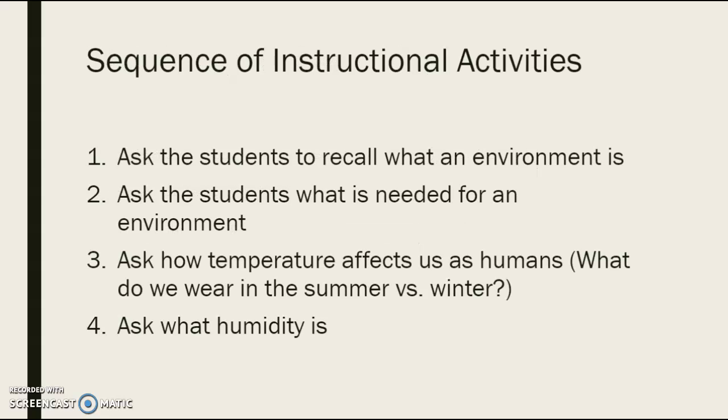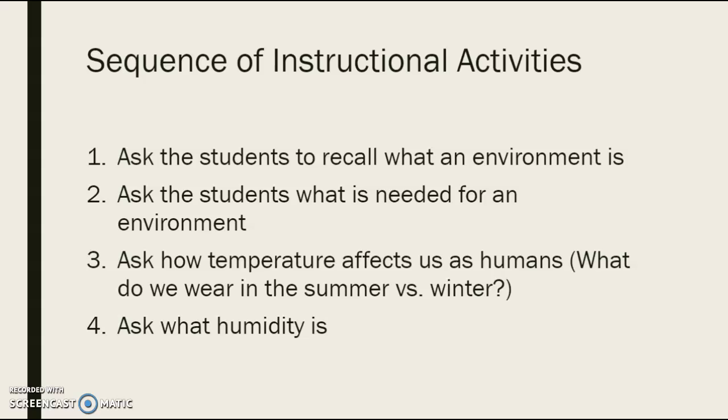All right, so our sequence of instructional activities starts with, we would ask the students as a whole group to recall what an environment is, what is needed for an environment, and how temperature affects us as humans. So we could give them a scenario as in, what do we wear in the summer versus what do we wear in the winter, and start relating that to how temperature would affect animals and plants as well.